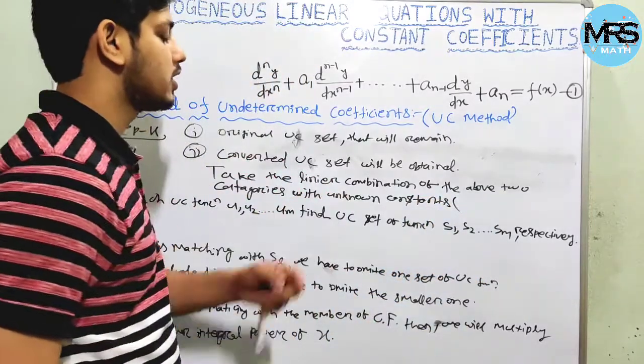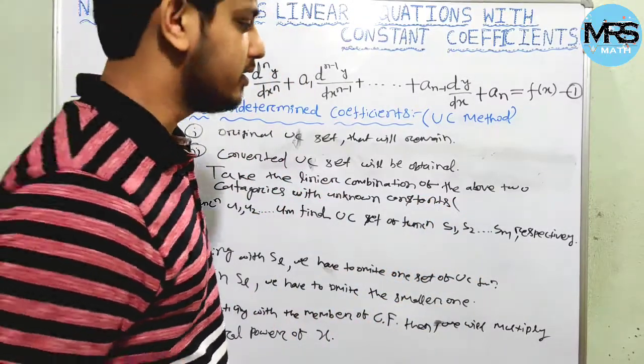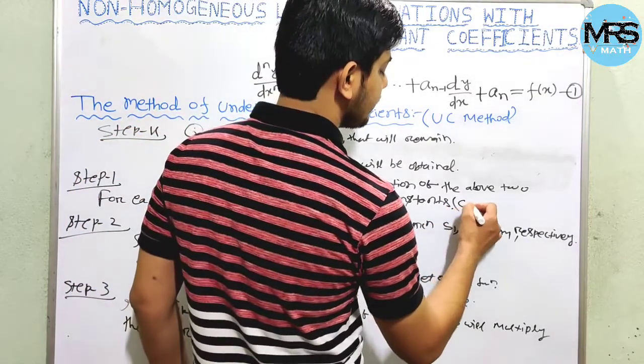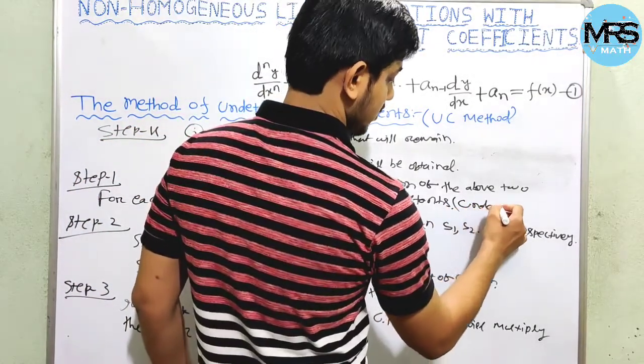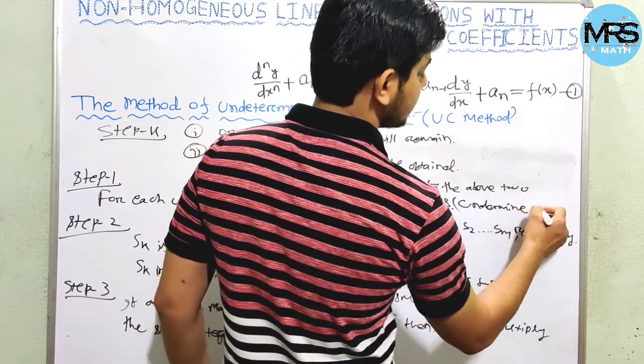Okay, those unknown constants are called undetermined coefficients, or undetermined constants.